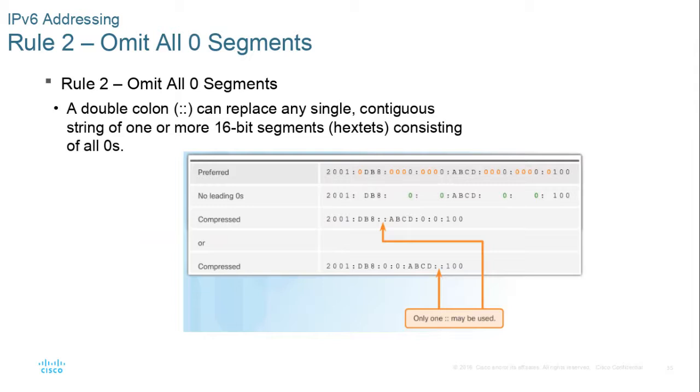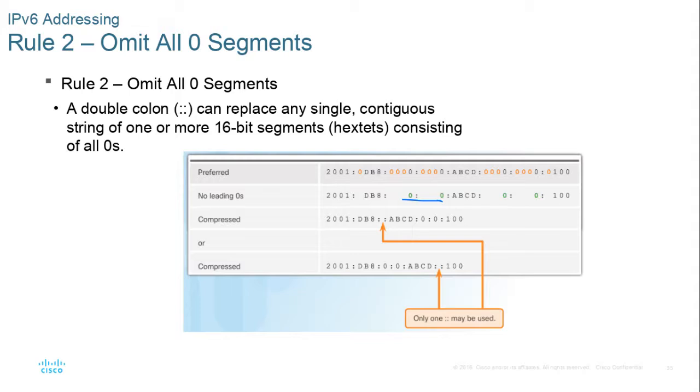Okay, here's the second rule. If I have a bunch of zeros, I can collapse them to a double colon. In the case of this number, first of all, we got rid of the leading zeros. But now we have some hextets, as I'm going to call them instead of octets, that are all zeros. We're allowed to do this once and only once.